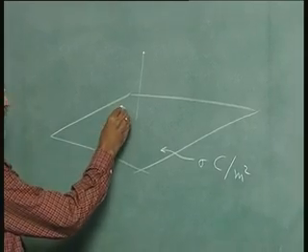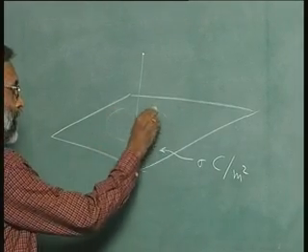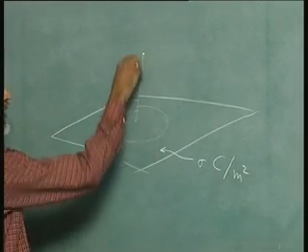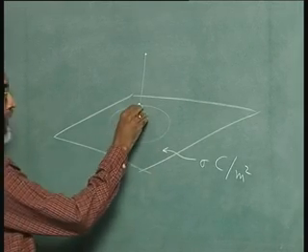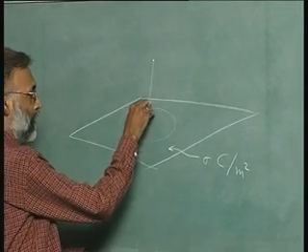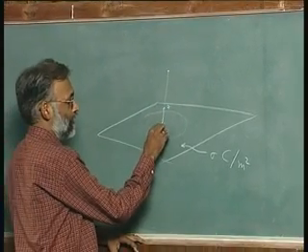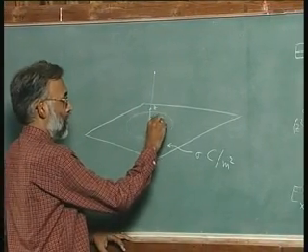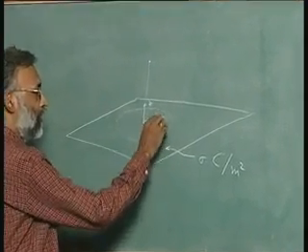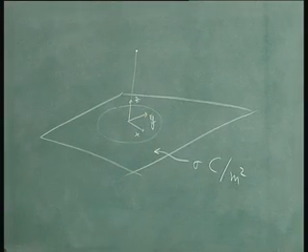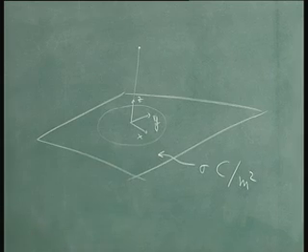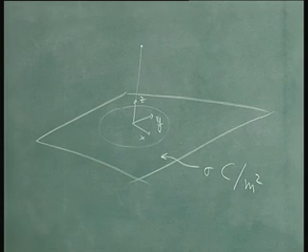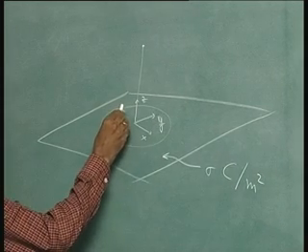Now, let us take a ring centered about the xy location of the charge. So, I will put the origin so that the charge is along the z axis, and I look at a ring.